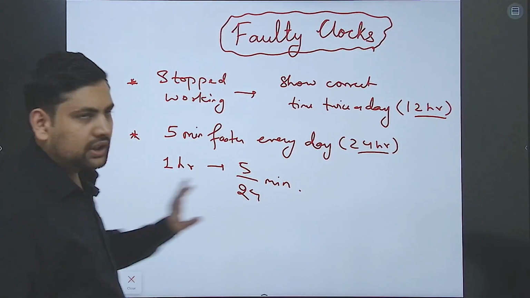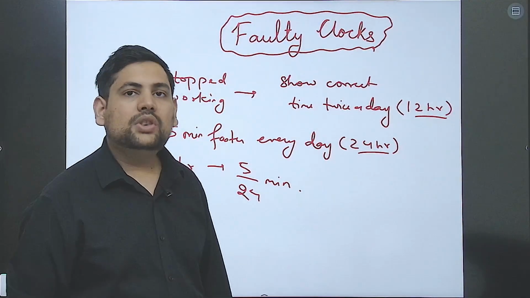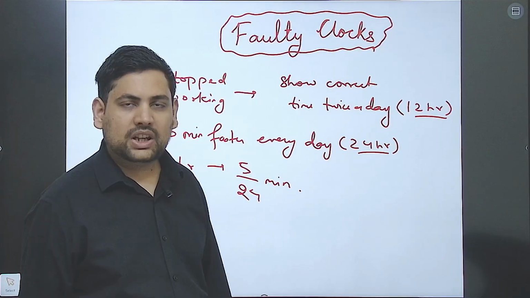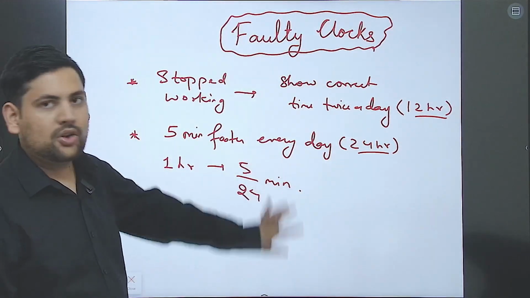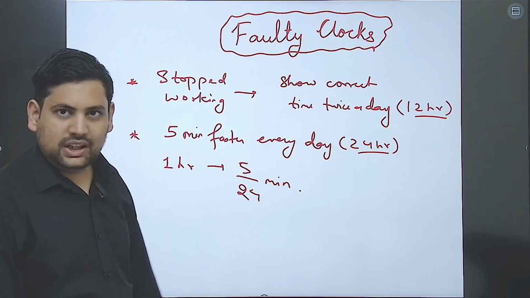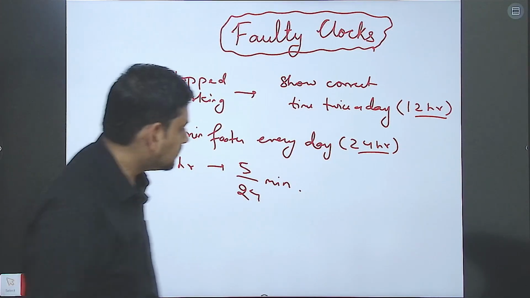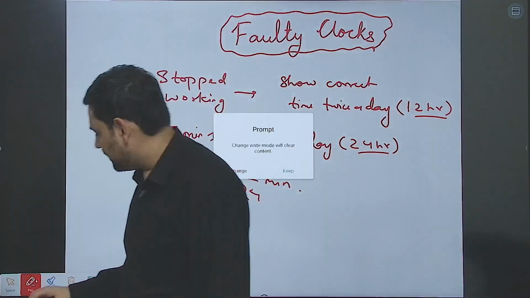Similarly, for 1 minute, it will be this much faster. So whenever we are calculating this, you need to keep in mind that it is not about days. You can always calculate per hour how much slow or fast it will be. Understood? Now, let's start with the first kind of questions.